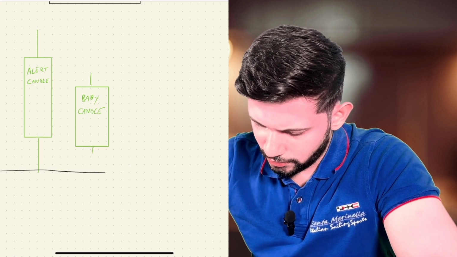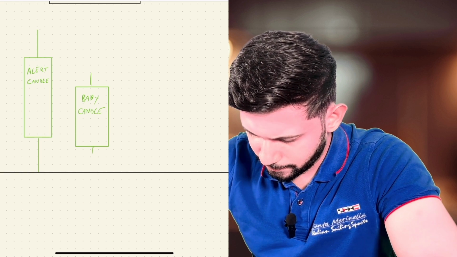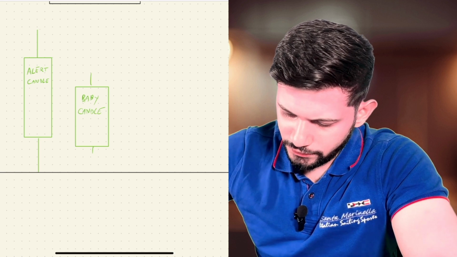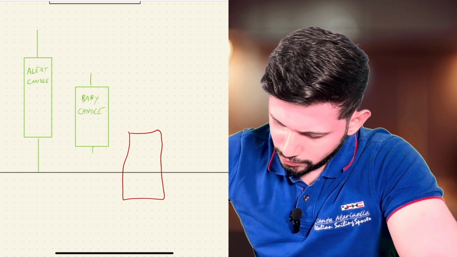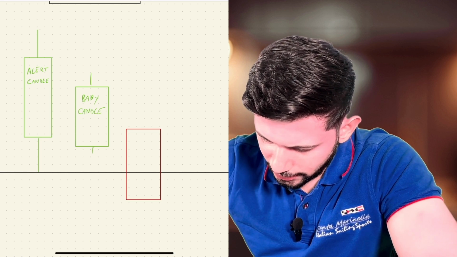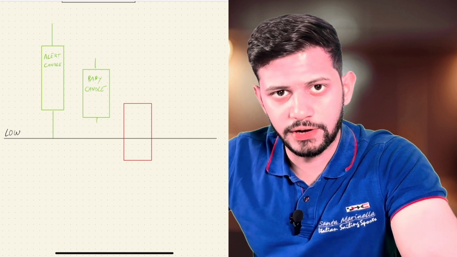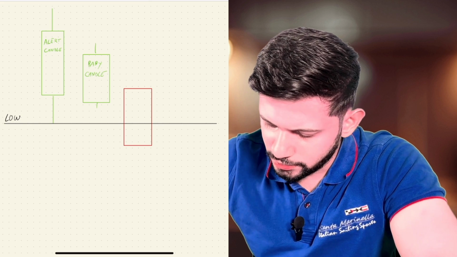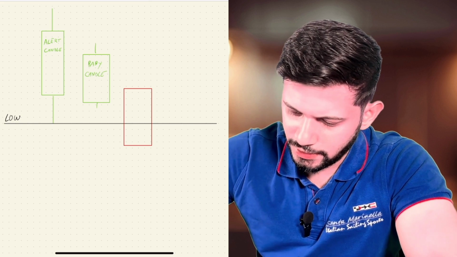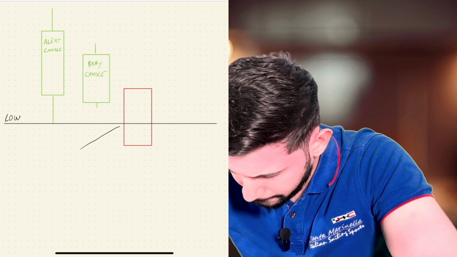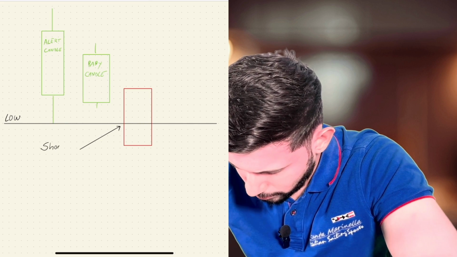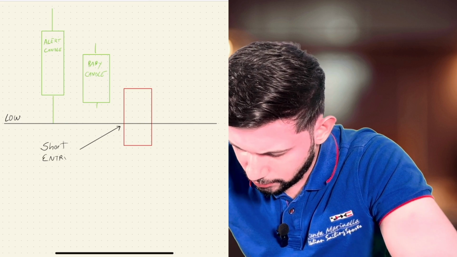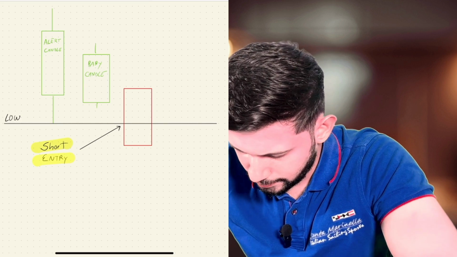Okay, so back to the short signal. Let's make the low of this alert candle like this. Now, when you have a candle that goes below the low of this alert candle, then the condition for the short trade is triggered. So over here, you can see that this candle has broken the low of the alert candle. Therefore, we will have a short entry here, right?